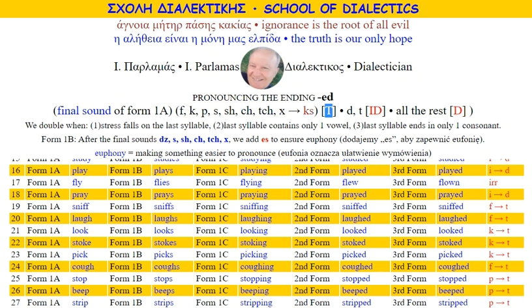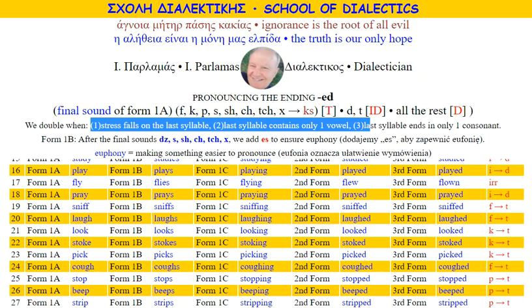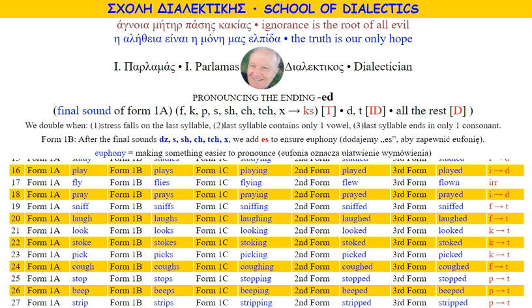Beep. You see here we double because all these three conditions hold simultaneously, okay? But in beep, we don't double because this condition breaks. Condition number 2: the last syllable contains only one vowel. But here, the last syllable, which is also the first syllable, contains two vowels.